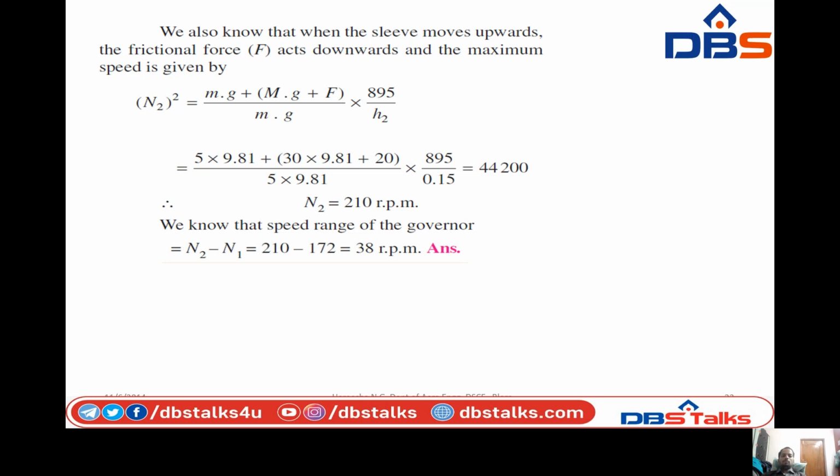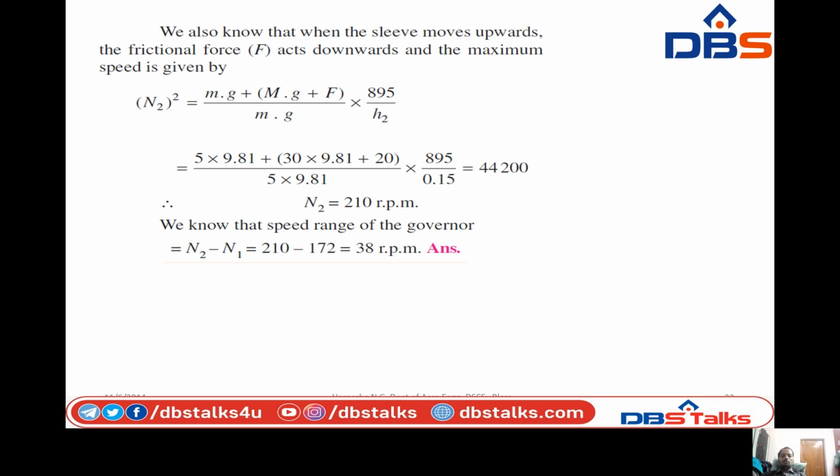So N2 squared equals (mg plus Mg plus F) by mg into 895 by h2. The h2 value we know. So finally we get N2 squared as 44,200. Then finally N2 equals 210 rpm.